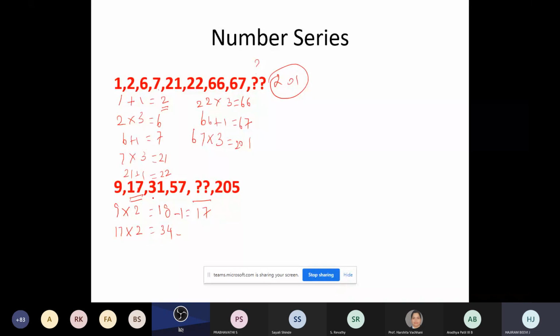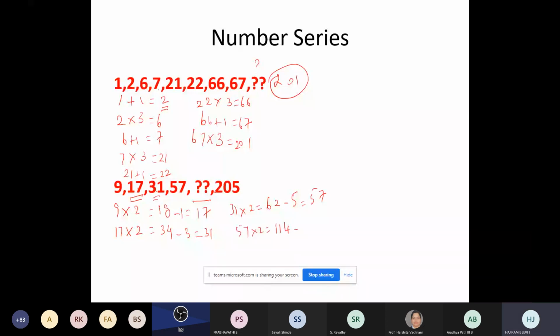Then here we are having 31, which means we have to subtract 3 from it. So 31. Then 31 into 2, 62. But here we are having 57, which means we have to subtract 5. So 57. Then multiply 57 into 2, it is 114.